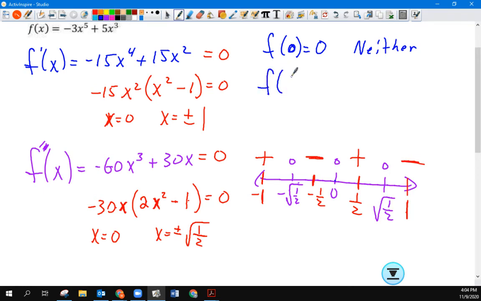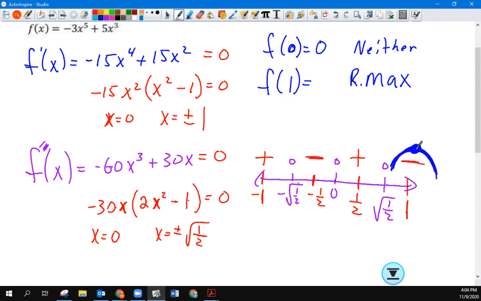When I look at 1, now you can see why I plugged in 1 over here. Since my concavity is negative here, that means I am concave down. If I'm concave down, then here at 1, this has to be a relative maximum, because there's a critical point here and it's concave down.